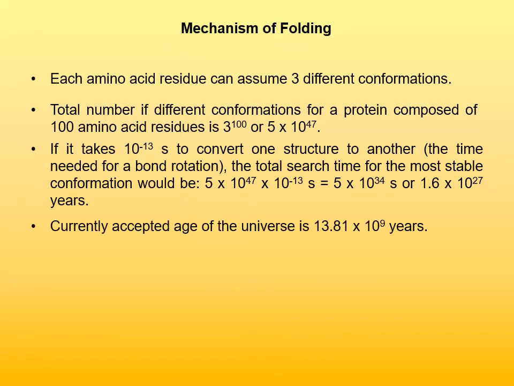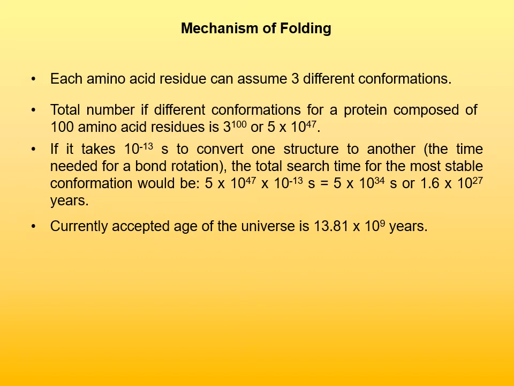You may be aware that the currently accepted age of the universe is 13.81 billion years. That number changes a little as astronomers get more accurate, but you can see that it's much, much shorter than the time needed to correctly fold one single small protein at random.